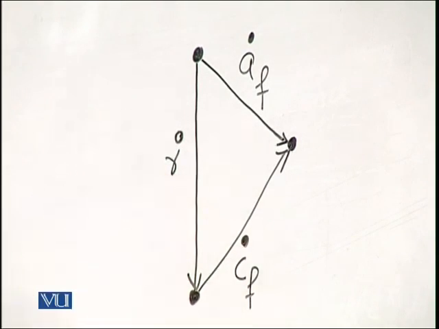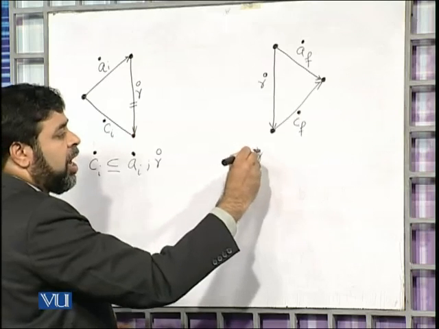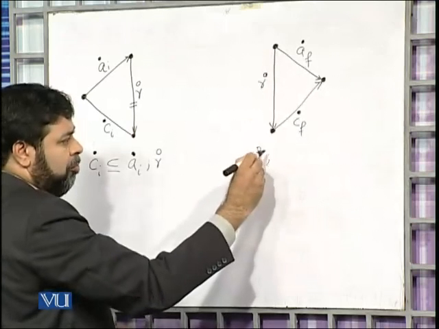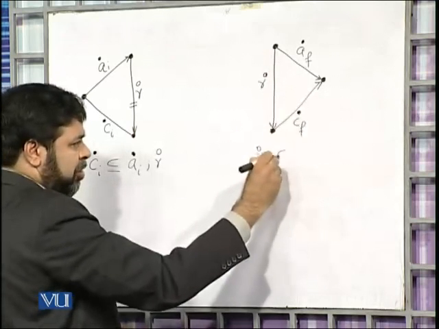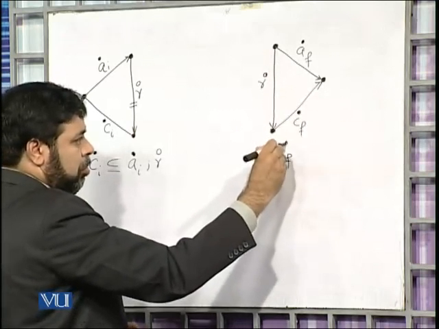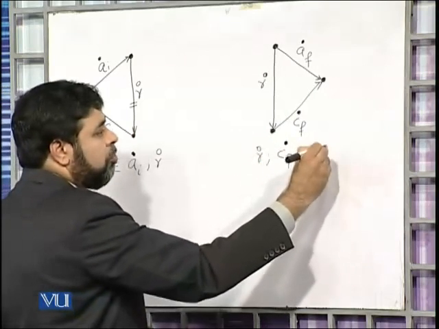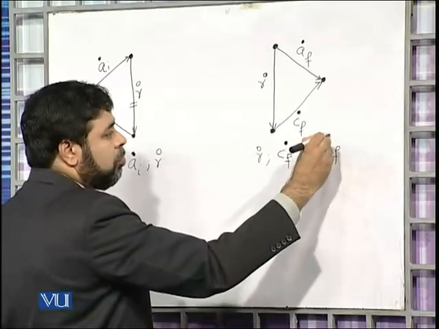So my question is, R naught, from here I come to this point, followed by this CF, is it a subset of AF?